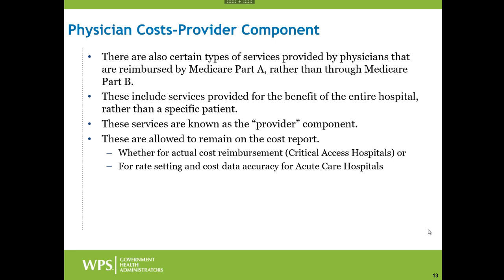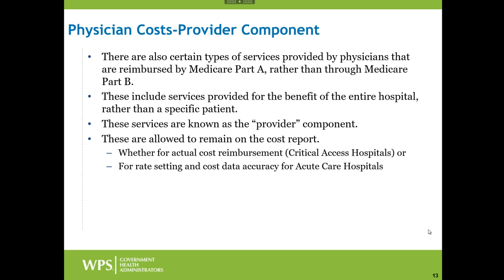For other facility types that are paid under some sort of PPS, prospective payment system, it's not going to generally impact cost reimbursement. It might have a minor impact on some cost report flow for certain pass-through costs, but for the most part it's just going to be used for rate setting and cost data accuracy for these types of facilities.